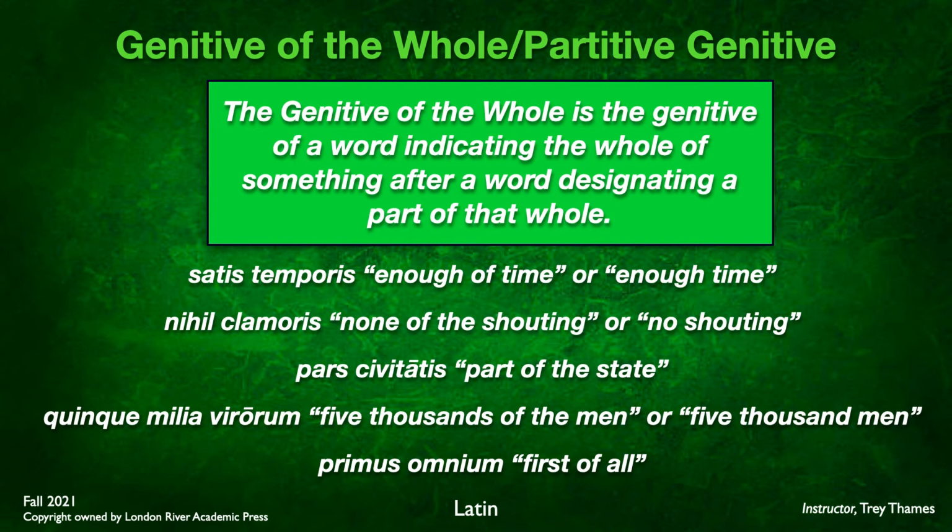Milia is thousands. Remember, that's the plural form here. 5,000 of the men, virorum. Now, that just sounds weird, so we're going to smooth it out to 5,000 men. And lastly, here we can see primus omnium, first of all. So these are all forms of what we call the genitive of the whole, or the partitive genitive.